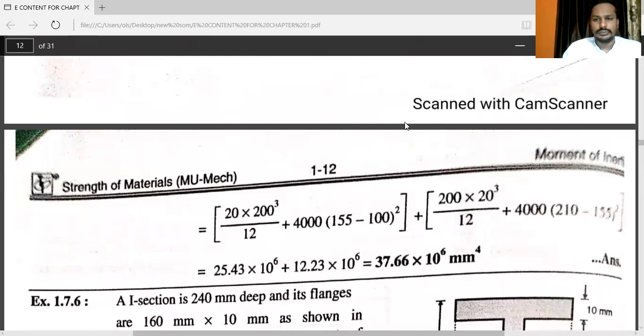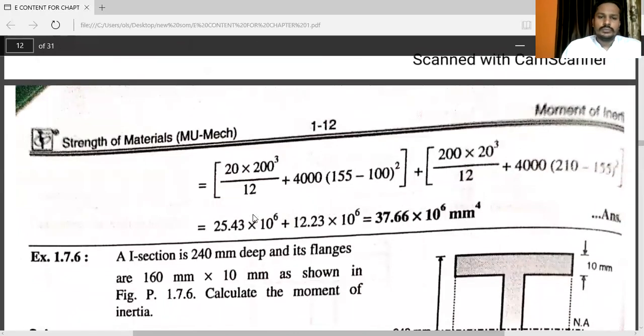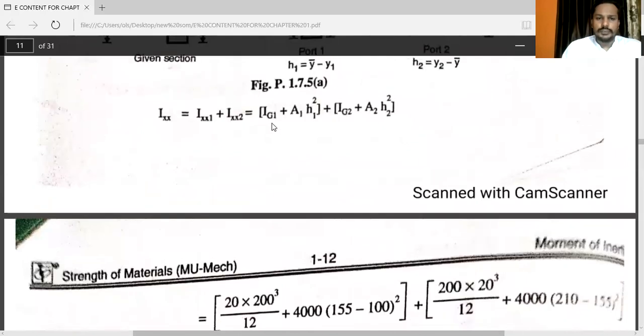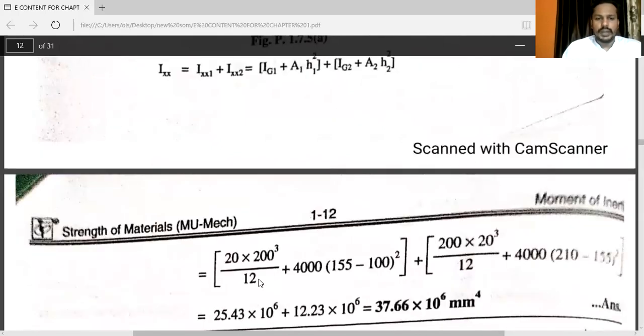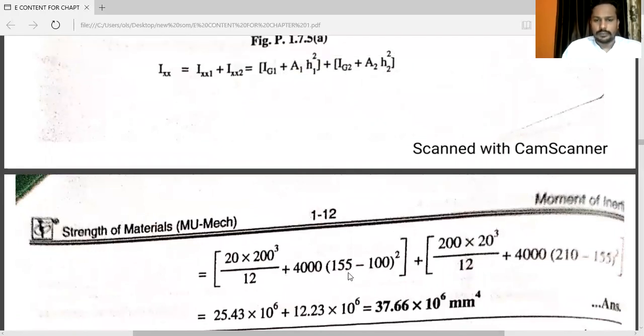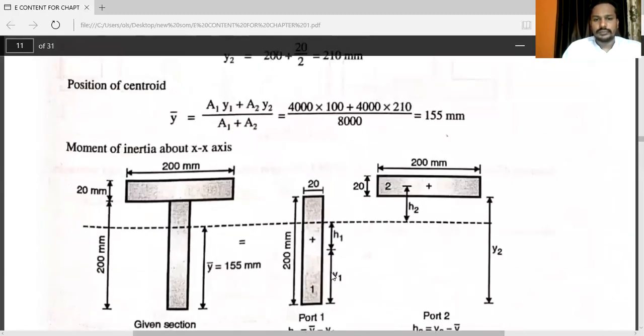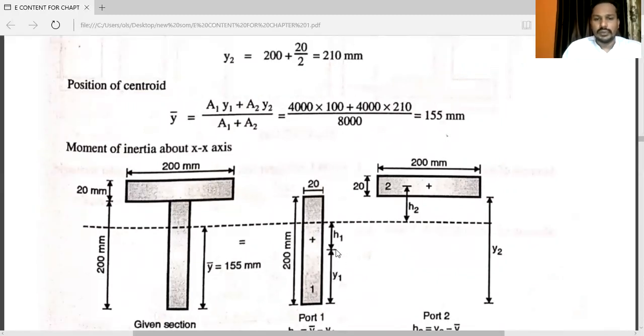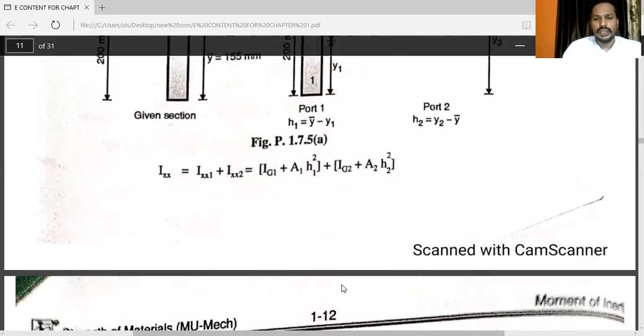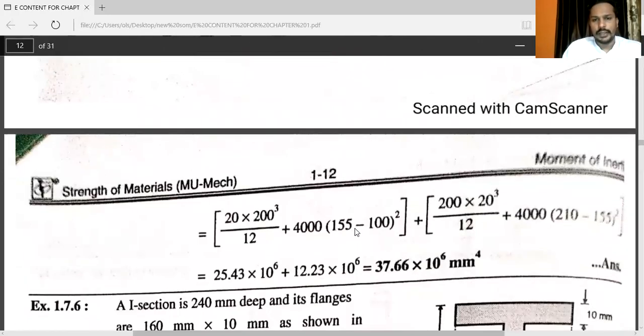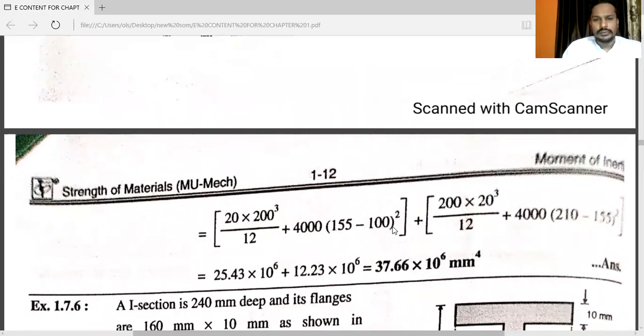So again, we know that Ig of a rectangle is B into D cube by 12, plus A1 H1 square. While calculating H1, Y bar minus Y1 gives you H1. Y bar is 155 mm and Y1 is 100 mm, so 155 minus 100, the answer will be 55.